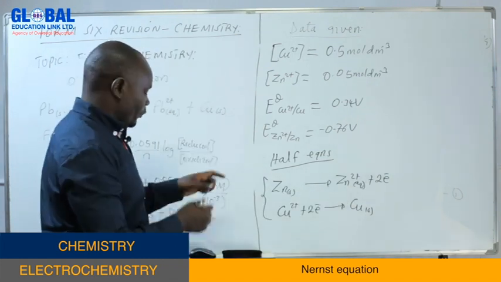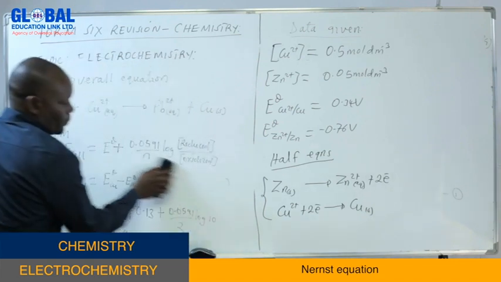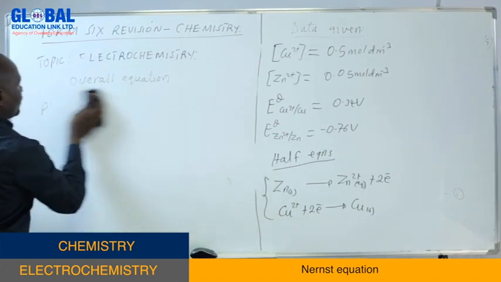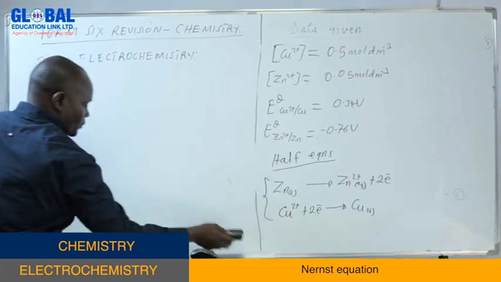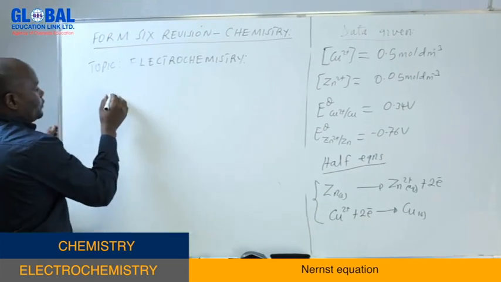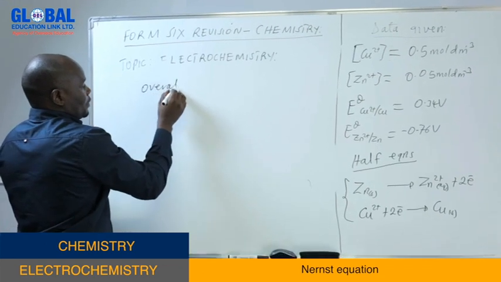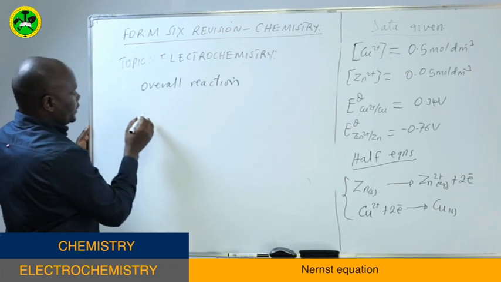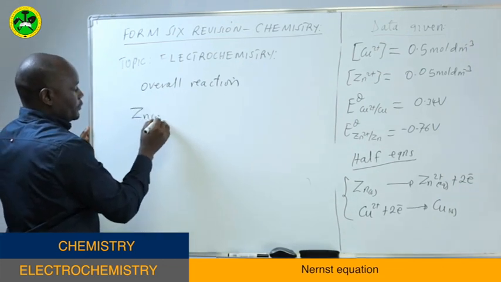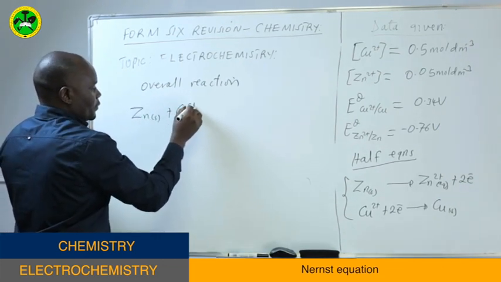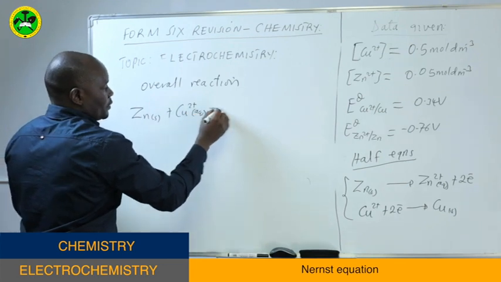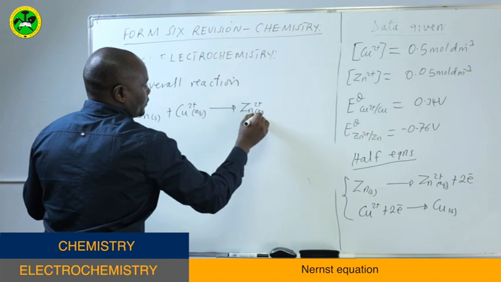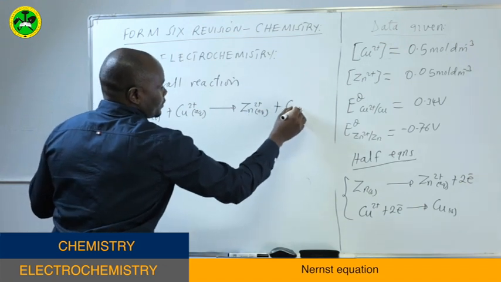So from there, if you add the half equations and find the overall redox reaction, the overall reaction will be zinc solid plus copper 2+ ions, then you get zinc 2+ ions plus copper solid.